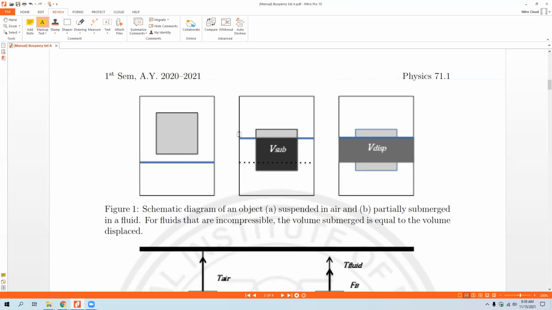Madi-displace yung fluid and the volume of the displaced fluid is equal to the volumes of submerged volume. So itong black na ito, yung corresponding volume nito ay equal dun sa volume na ito ng fluid.